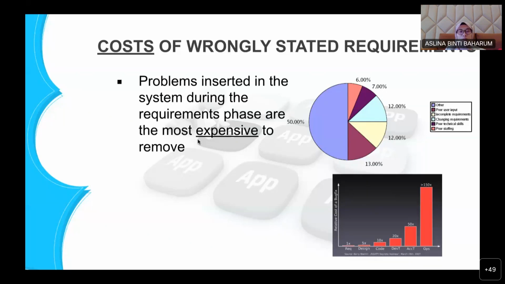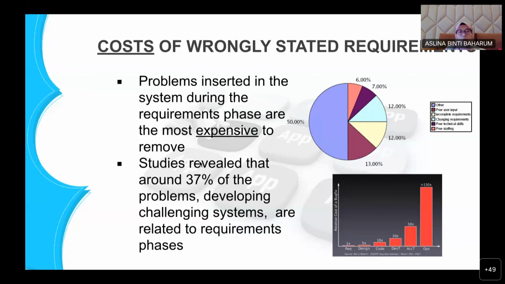Either you want to rebuild again and then continue from the first phase, getting the requirement. This has been proved by previous studies that reveal 37% of the problems in developing challenging systems are related to the requirement phase.